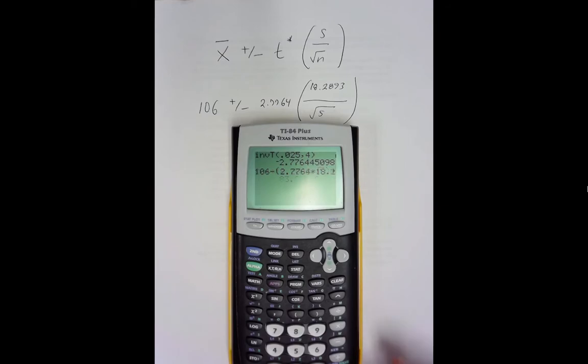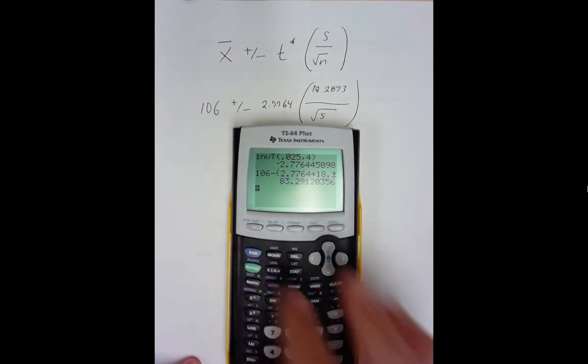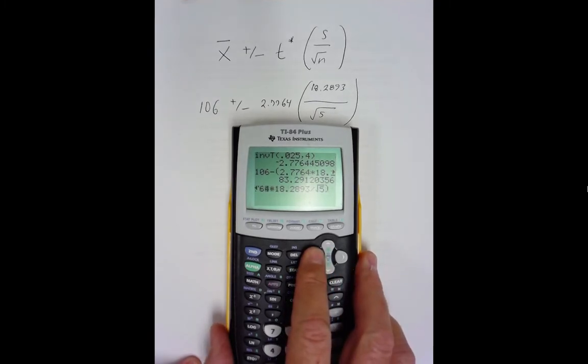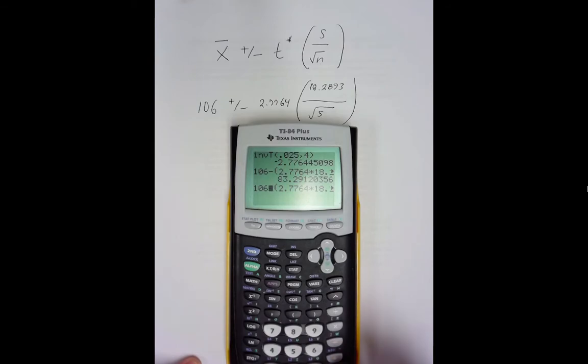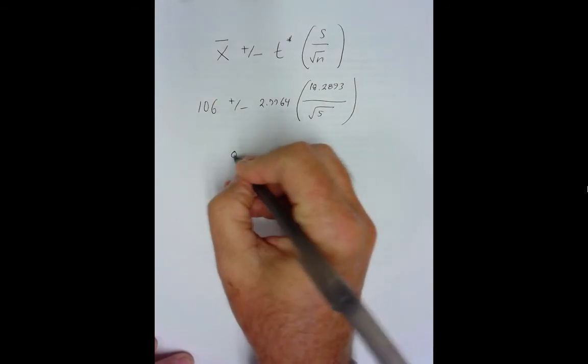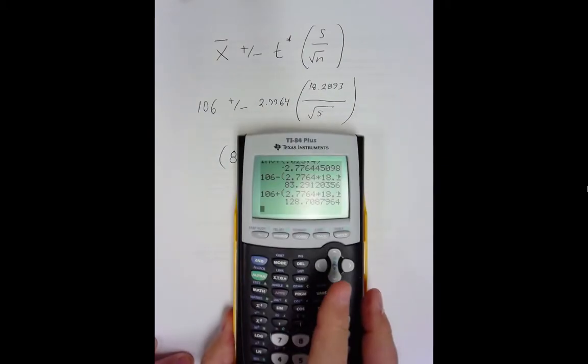Now I want to do the same thing, so I'm going to do my entry, and the only thing I need to do is change my plus sign. So my left bound is 83.29, and my right bound is 128.71.